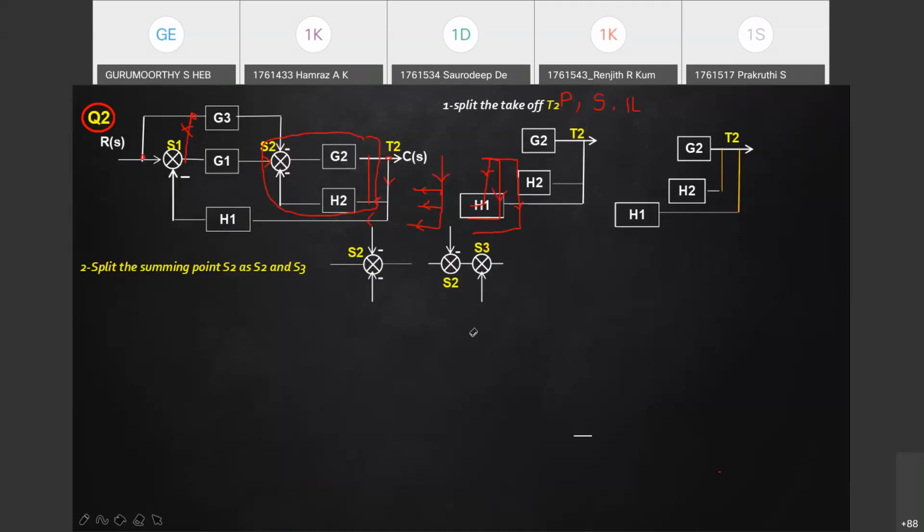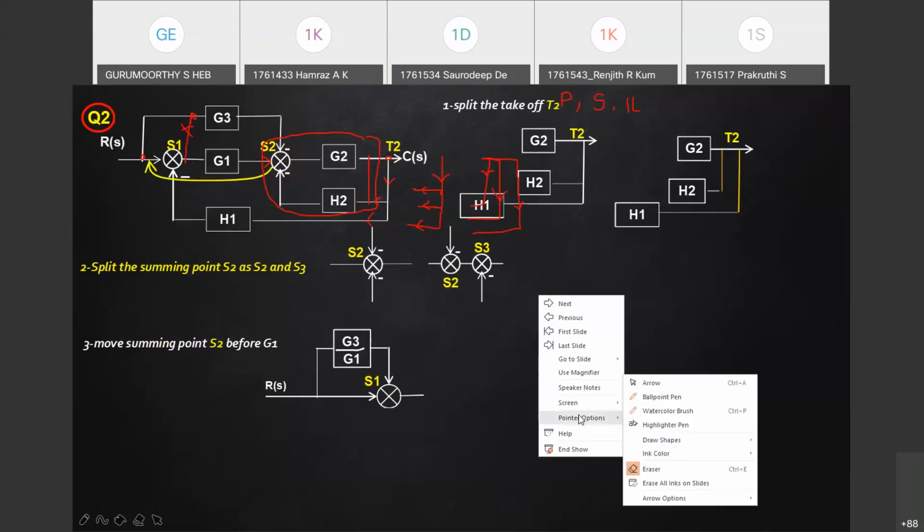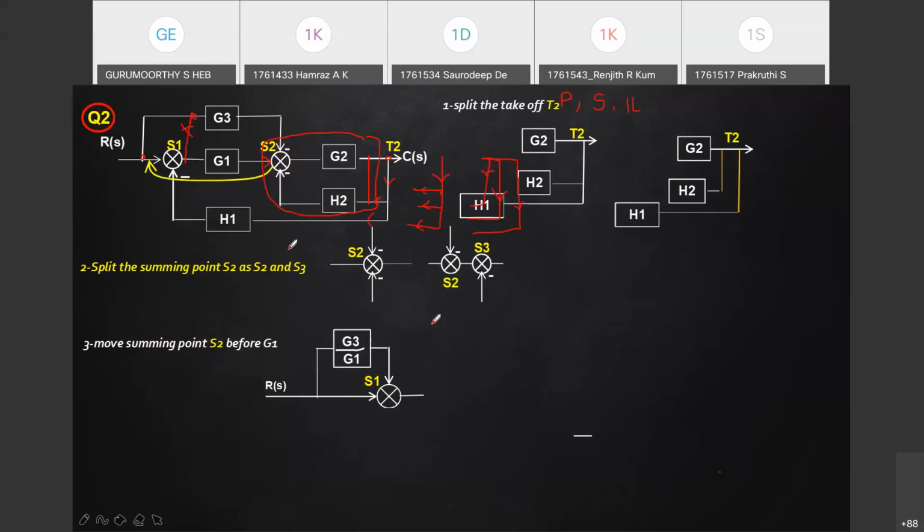These things you can do in mind, and finally your diagram after this. And here one modification is shown here, like you have to move the summing point S2 before G1. This S2, after splitting, S3 will become a loop, and S2 should be moved before G1. S2 brought here. Okay. So what is the rule?